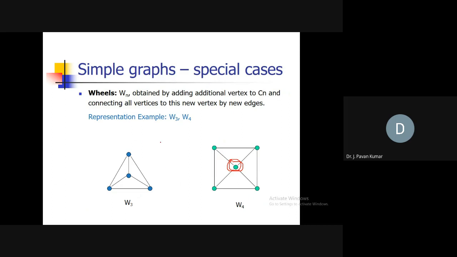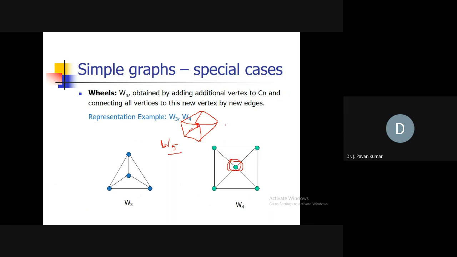Now say W5, how many vertices will we have? W5 means the outer cycle will have 5 vertices. So first we have to draw C5, isn't it? 1 2 3 4 5. So this is C5. Then we need one more vertex which is adjacent to all these vertices of the cycle. Then we can consider it as W5, that is, a wheel graph with 5 vertices.